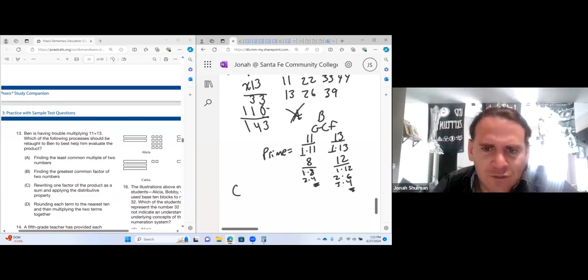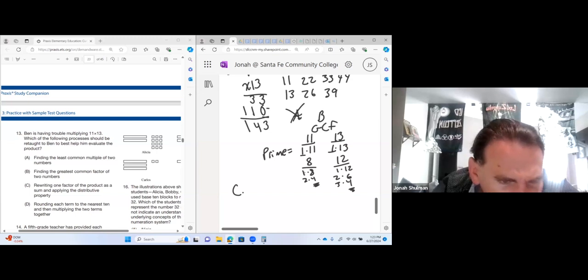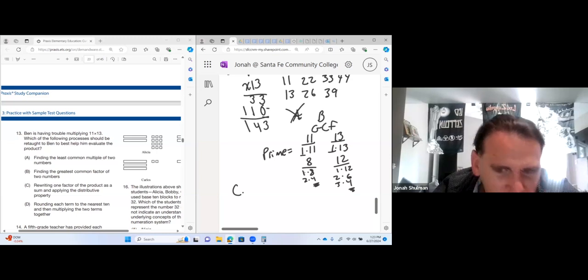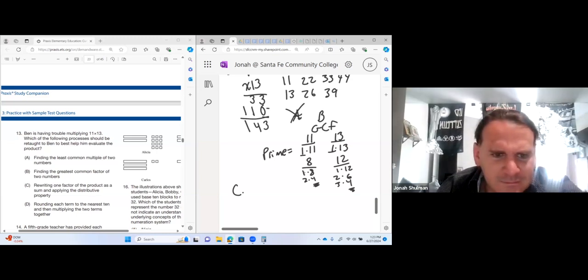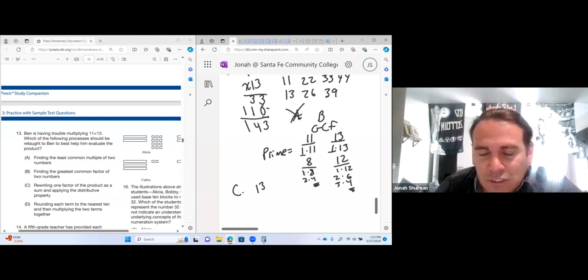We're writing one factor of the product as a sum and applying the distributive property. They're saying if we took 13 and we changed it to be 10 plus 3, but then it's just 1 times it. 1 times 10 is 10. 1 times 13 is 13.